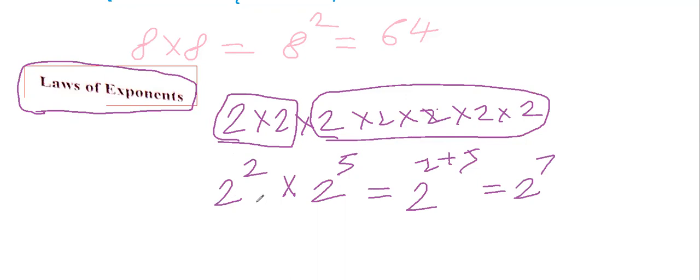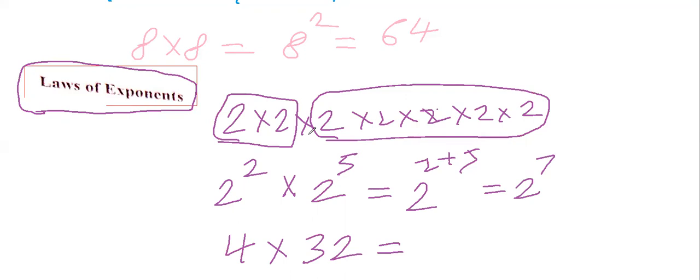So here, 2 squared is 4, I can write here 4, and 2 to the power of 5 will be what? 32. You can write here 32. So finally 1, 2, 3, 4, 5, 6 and 7.